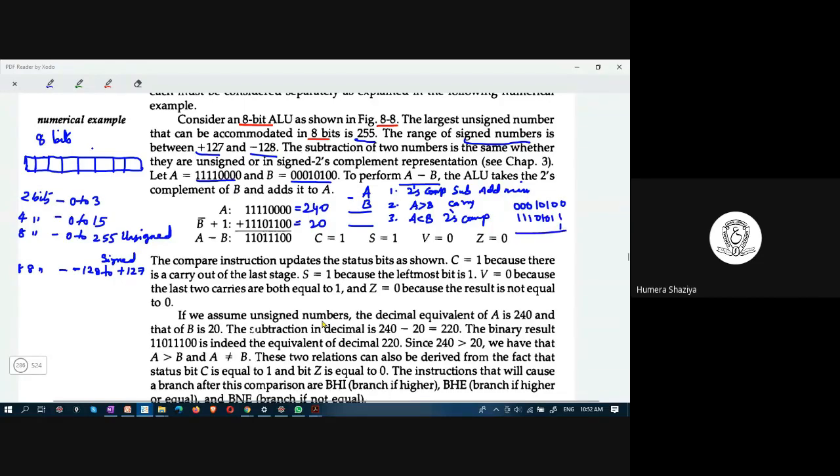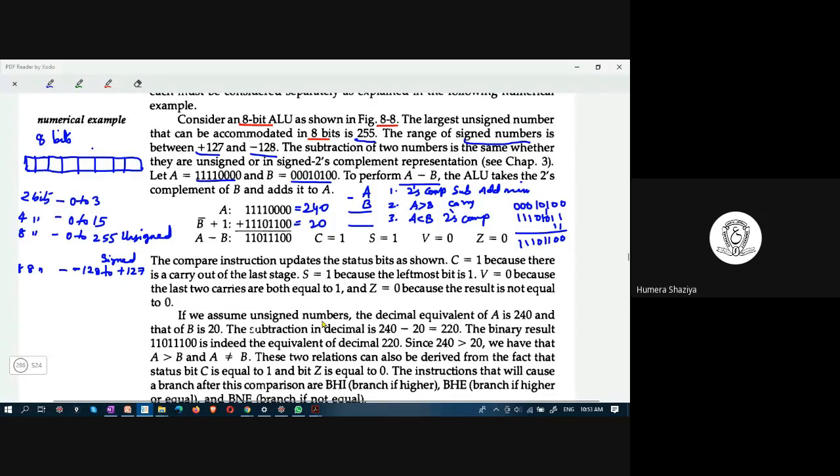Add 1 to this: 1 plus 1 is 0, carry 1, and so on. So this is the 2's complement of B.